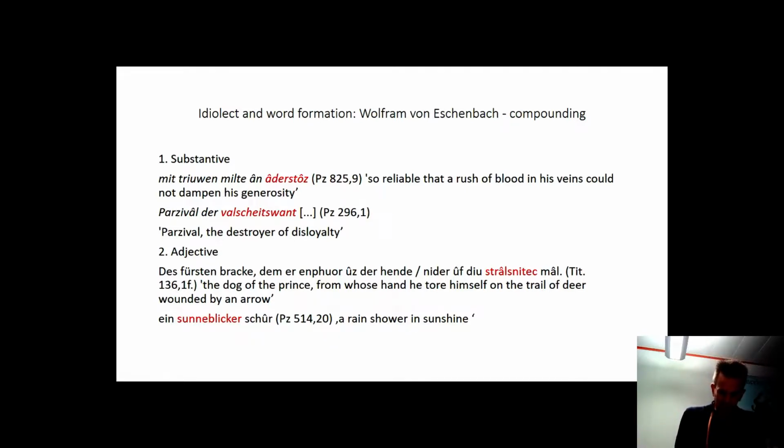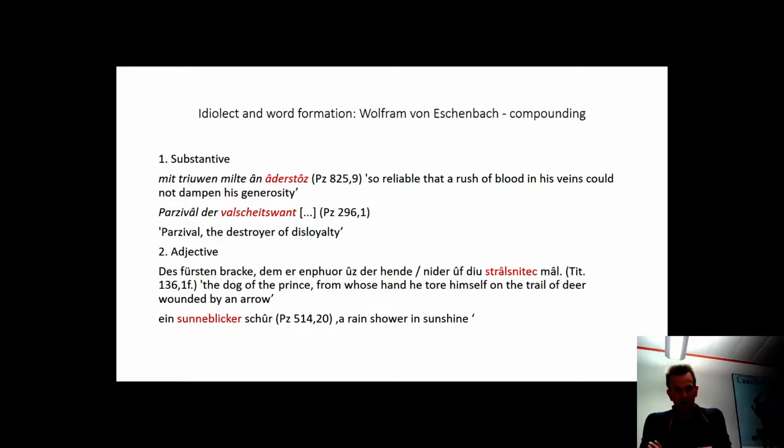But what is a mal, a track that has been wounded by an arrow? The flexibility of Wolfram's neologism only becomes apparent in context. After all, he shaped it in order to refer pars pro toto to the mal, the track of a deer wounded by an arrow.